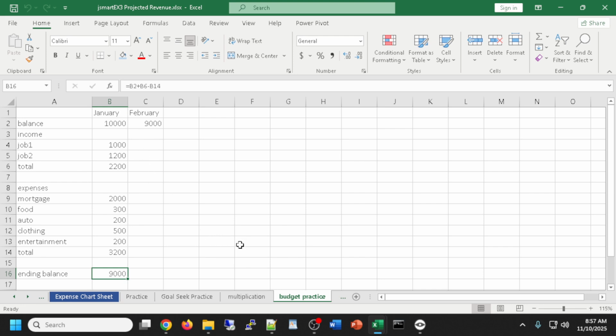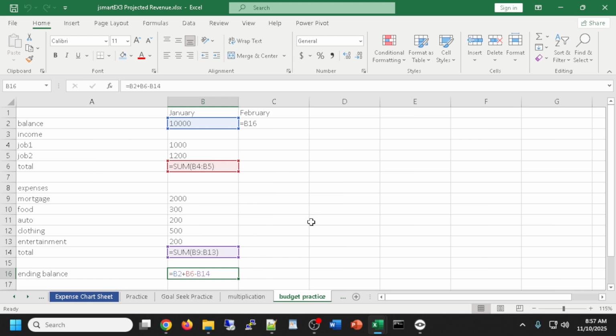I'll just hit Control tilde so you'll see my formulas. This total income is the sum of those two incomes. The cool thing is, when I'm in this mode, if I click on any formula, it shows me what that range stands for. And when I click on that, it shows me those are the two numbers, or three numbers, I'm using in my math. My beginning balance plus income minus total expenses.